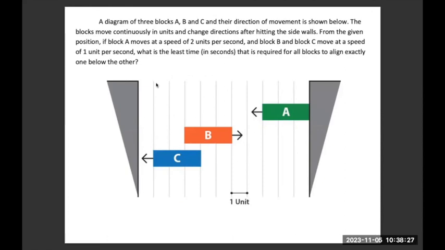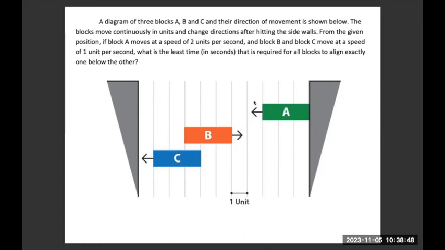What is the least time in seconds which is required for all the blocks to align one before the other? You have to align all the blocks in one column, and you have to guess after how much time, when they are moving at this speed, the blocks will align.